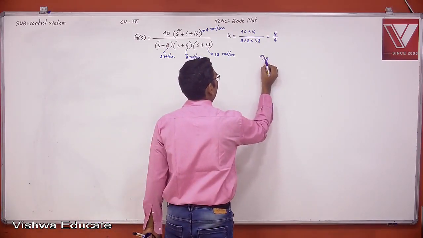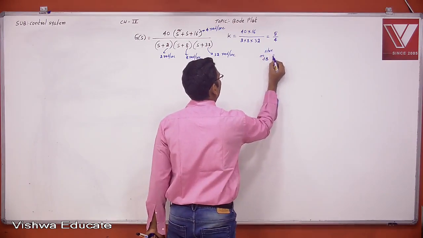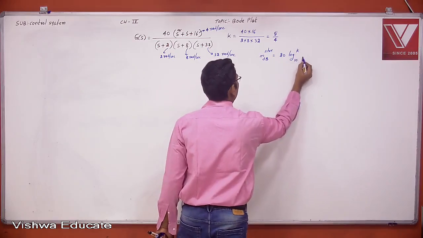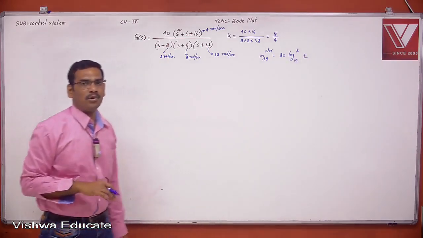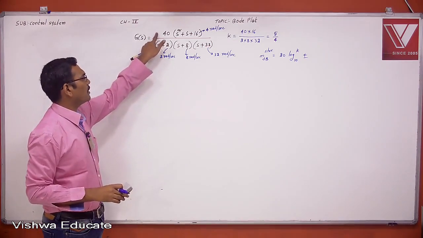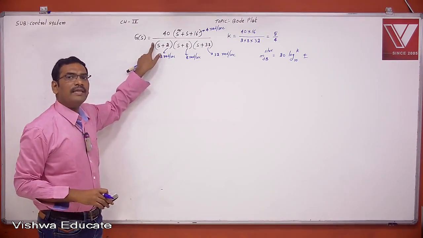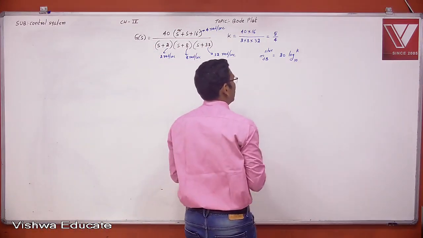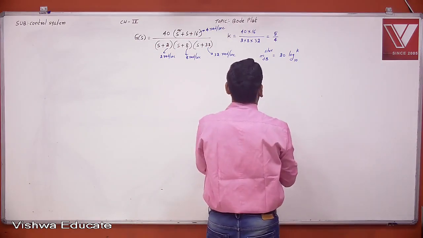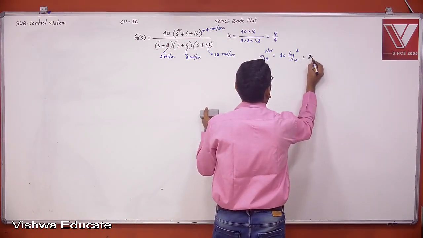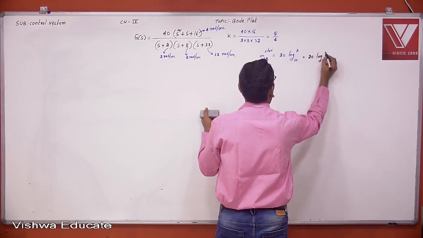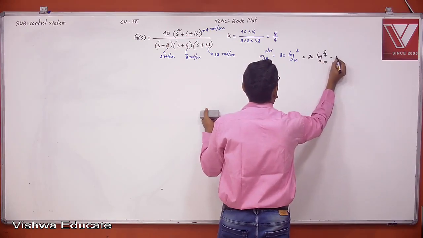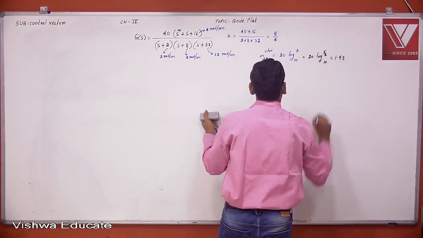The starting magnitude in terms of dB is 20 log k base 10 plus or minus a second term, but there are no zeros at origin and no poles at origin, so there is no second term, just 20 log k. That is 20 log of 5 by 4, base 10, which is 1.93, approximately 2 dB.